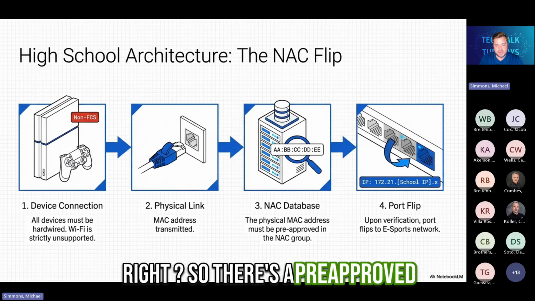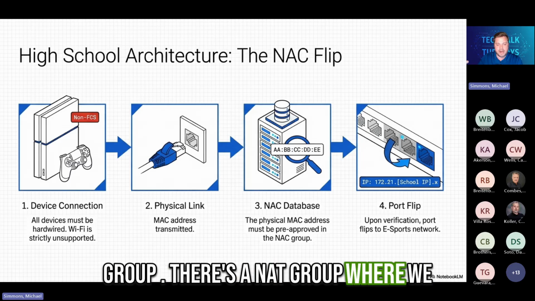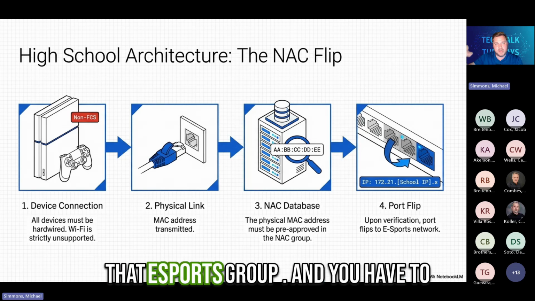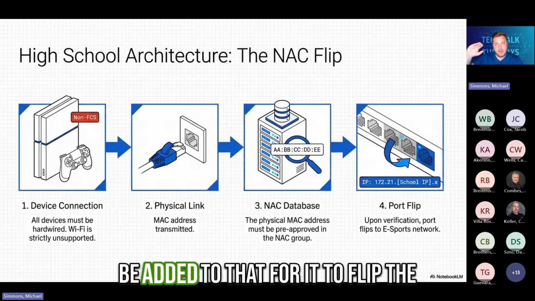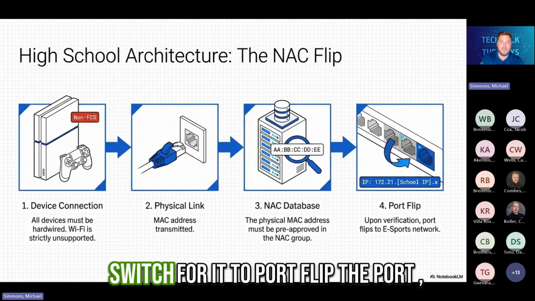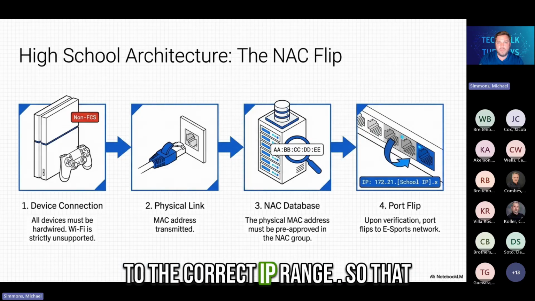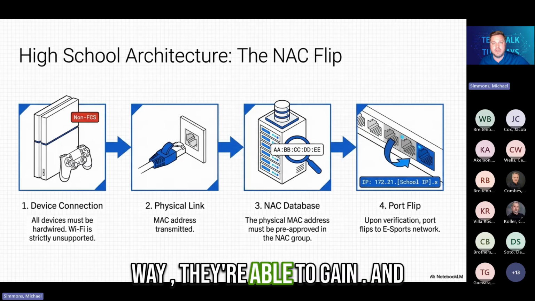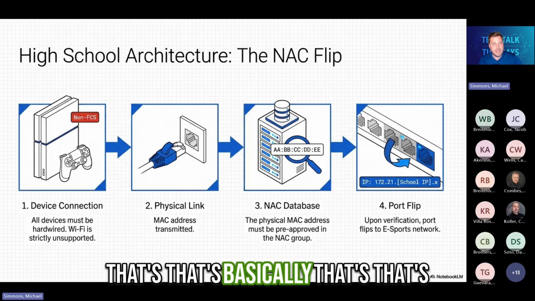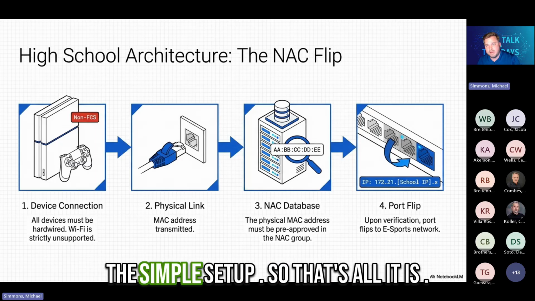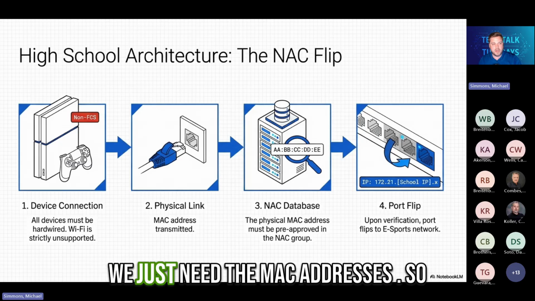So there's a pre-approved group, there's a NAC group where we put the physical MAC addresses in that esports group. And you have to be added to that for it to flip the switch, for it to flip the port to the correct IP range. So that way they're able to game. And that's basically the simple setup. So that's all it is. We just need the MAC addresses.